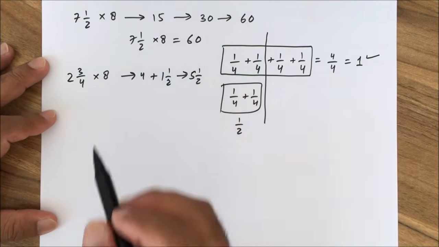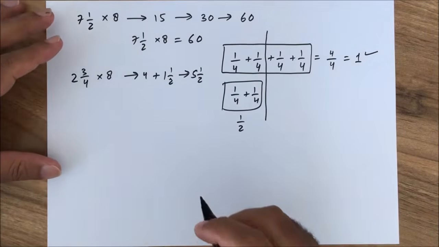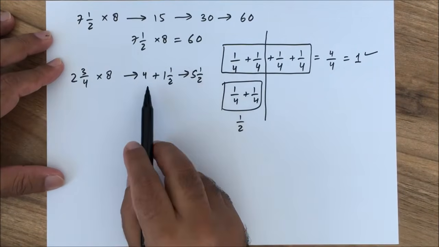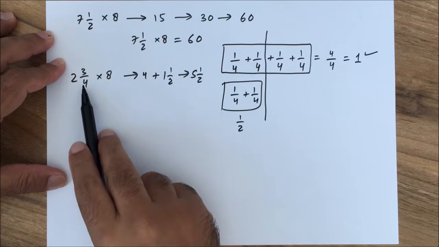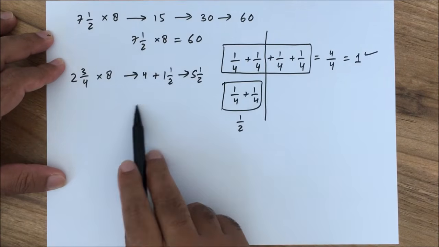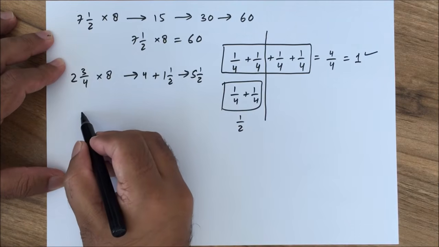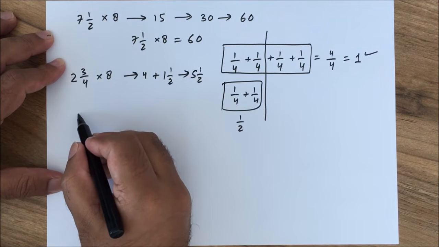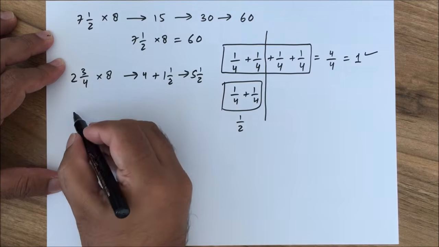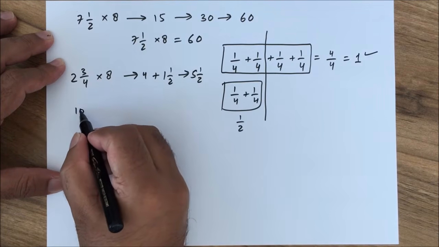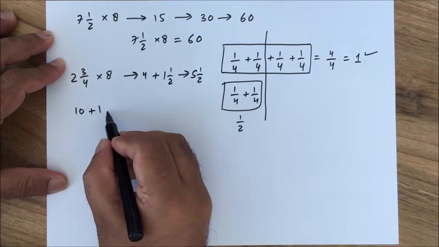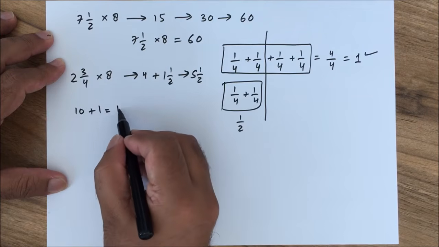Now this 5.5 we have doubled once already, and then we double 5.5 again. Double of 5 is 10 and double of half is 1, so it will become 11.